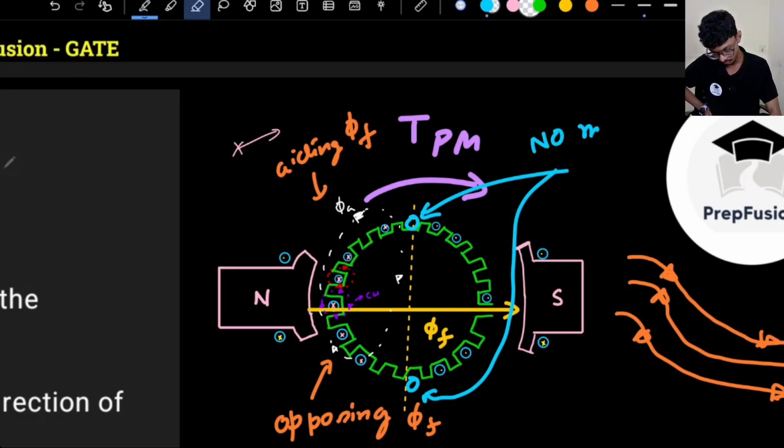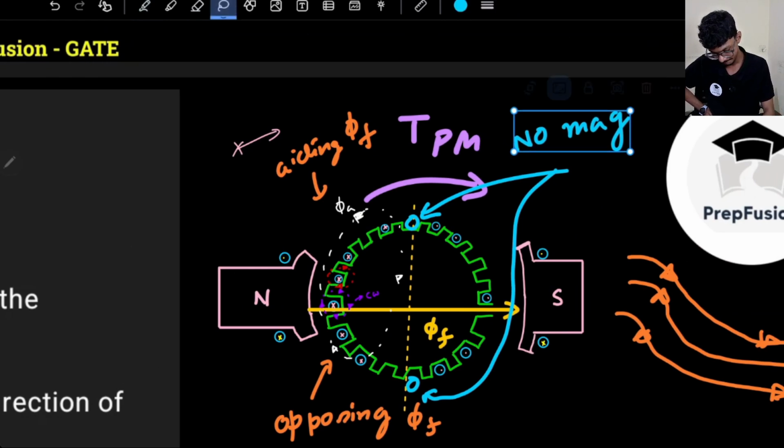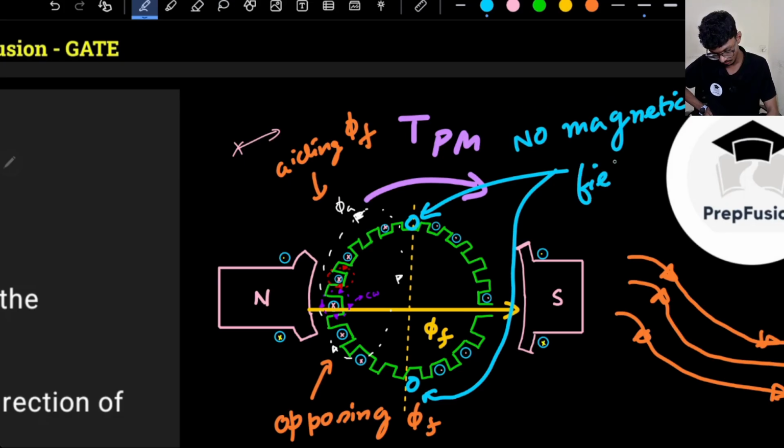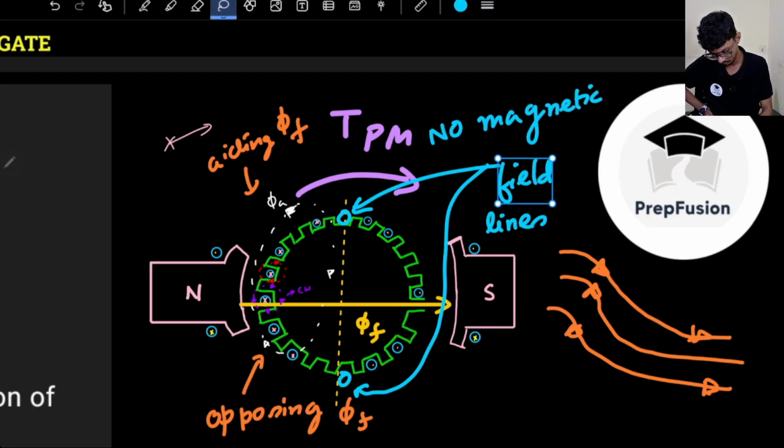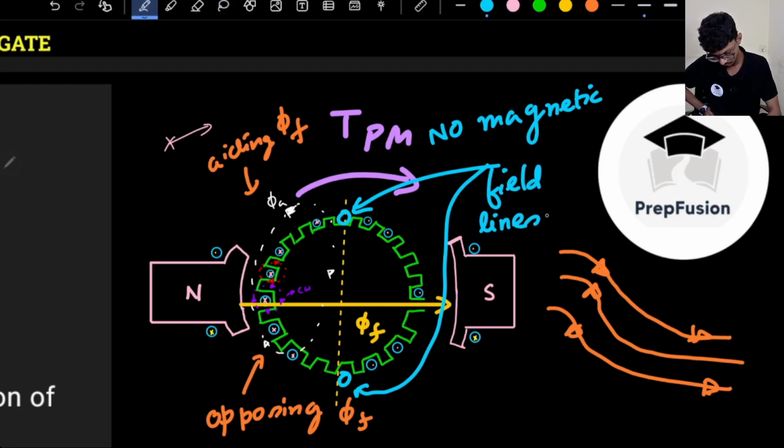No magnetic field lines will be cut. Okay, I don't have enough space, I'm sorry.